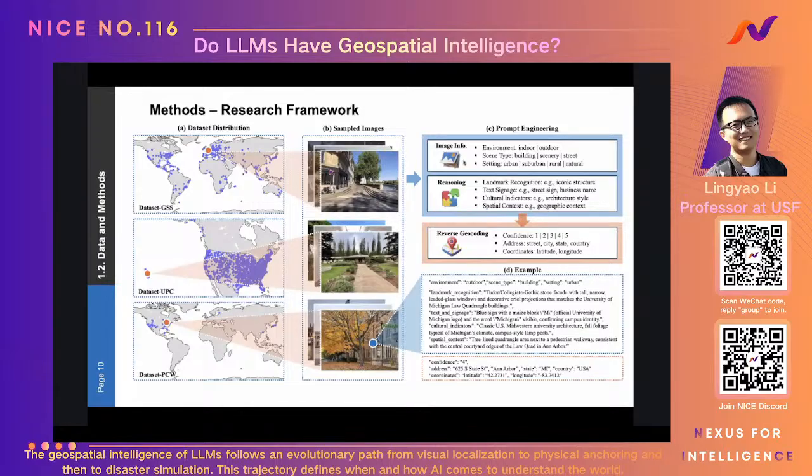So the large language model may capture those environmental cues when identifying the location from the image. But for longitude, there are no clear environmental cues for the large language model to identify. So when the model is not very sure about the prediction, it generally just randomly guesses the outputs.